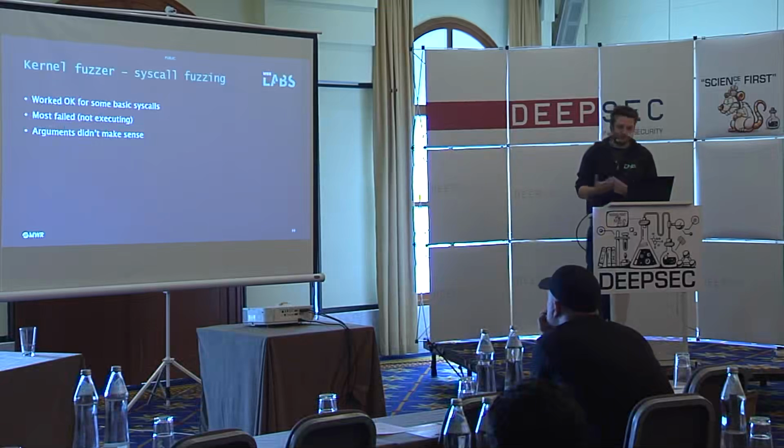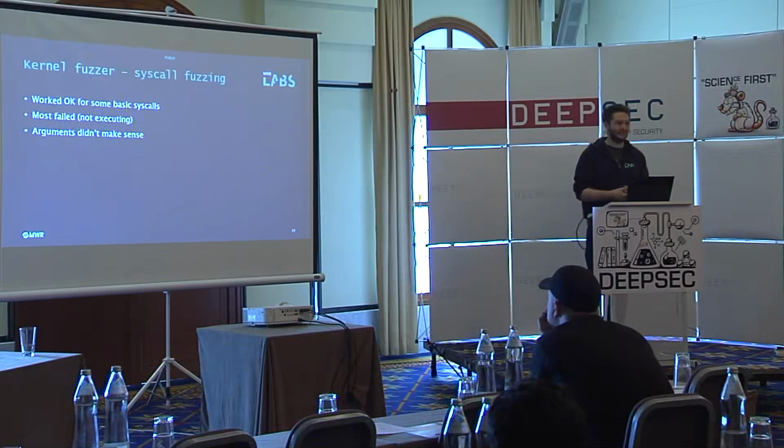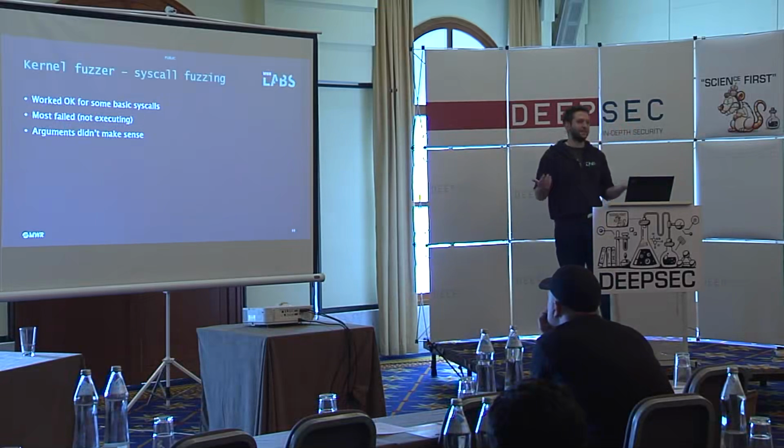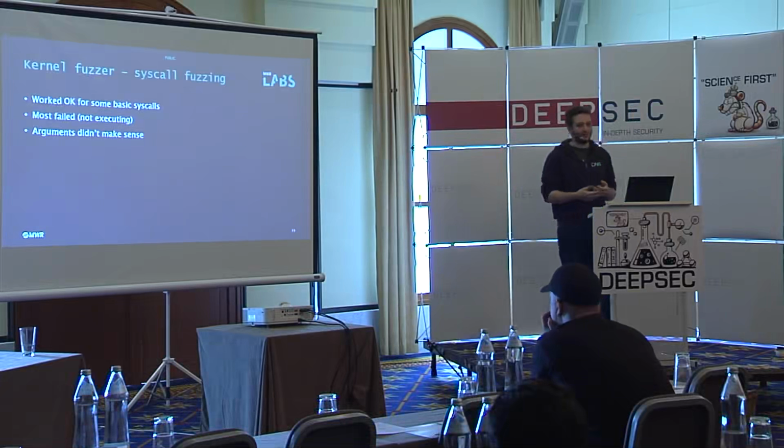This approach worked okay for really basic syscalls. If the syscall was expecting an int, for example, it would probably work. But the vast majority aren't just expecting an int, they're expecting something more complicated, like a struct, so they just didn't execute because the arguments didn't make sense.